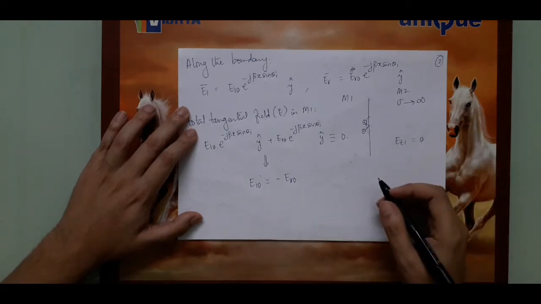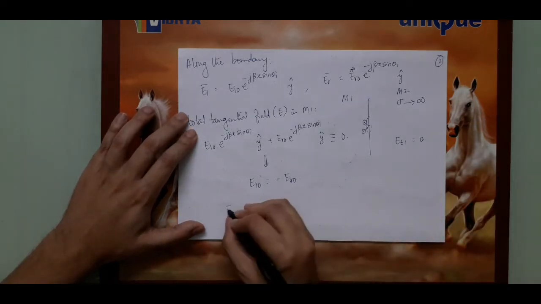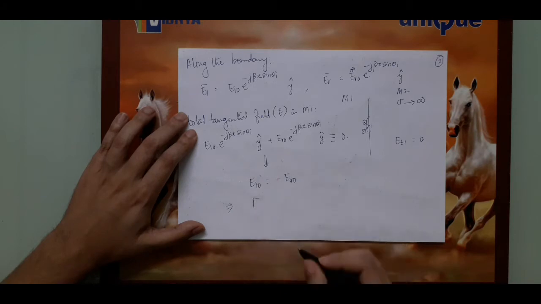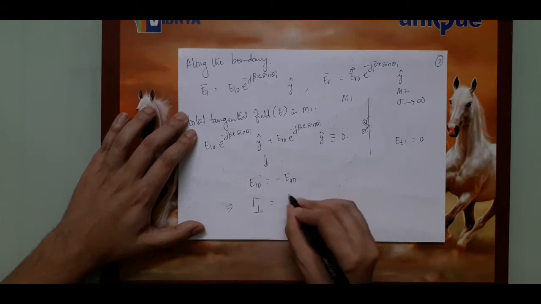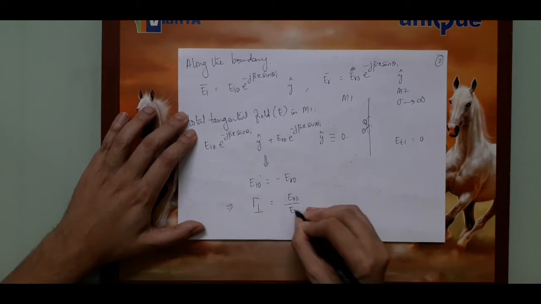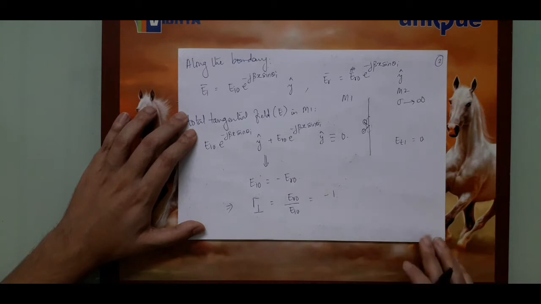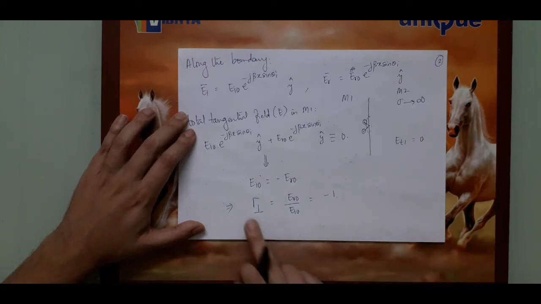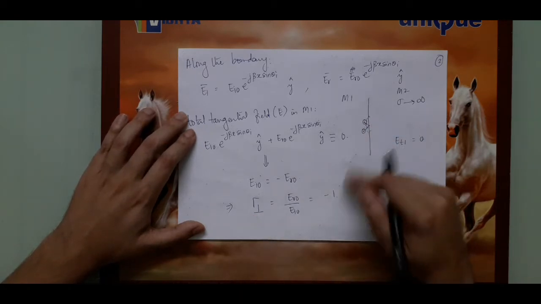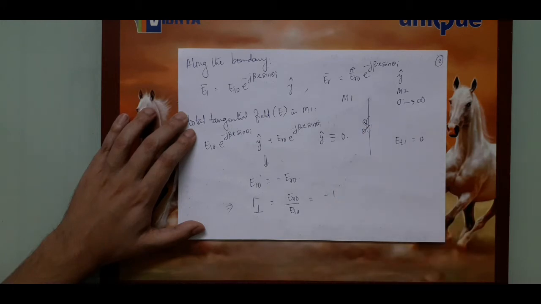So that's like saying, if I rewrite this, I can say the reflection coefficient in the vertical polarization case, that is nothing but ER0 by EI0. We had defined this previously already, and that is equal to minus 1. So the gamma at the boundary, the reflection coefficient at the boundary is equal to minus 1. So for transmission line, which load has a load reflection coefficient of minus 1?